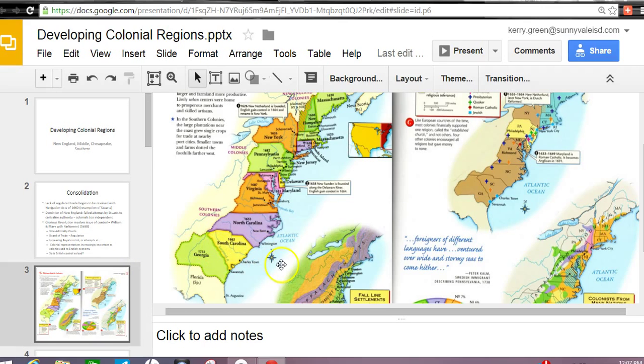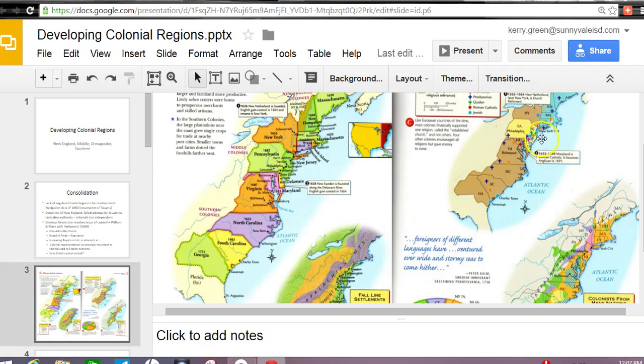So yes, you can see here the Appalachian Mountains. That creates that fall line of settlements. These are going to be the southern colonies. These are the middle colonies. These are the New England colonies right there. Kind of gives you a sense. You also get a sense that all the major cities are here along the East Coast. And like I said, this shows you some of the religious aspects.